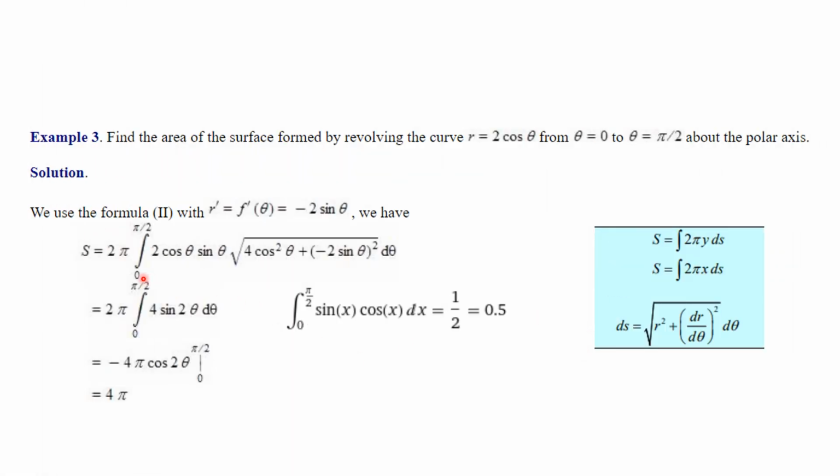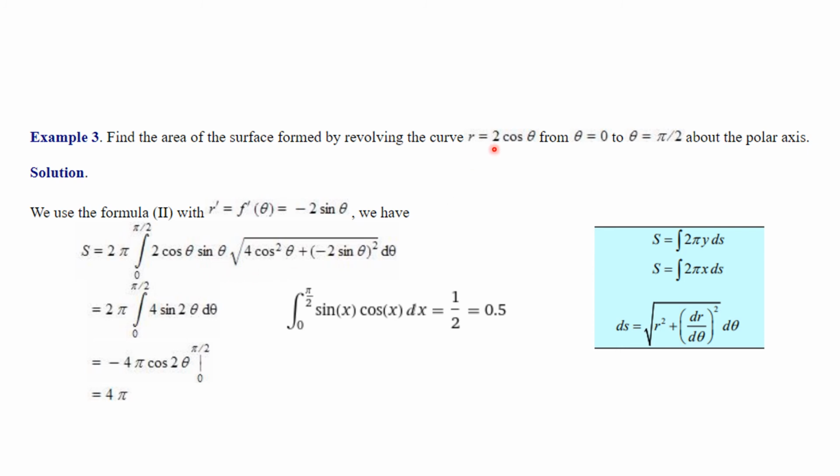Okay, so here r is equal to 2 cosine theta. That is the curve, and we know that y is equal to r sine theta. So that's what we're doing, from 0 to pi over 2. We substitute that in.